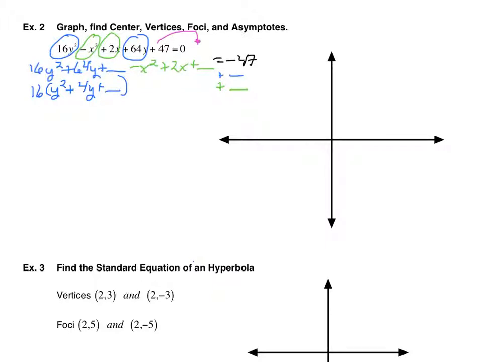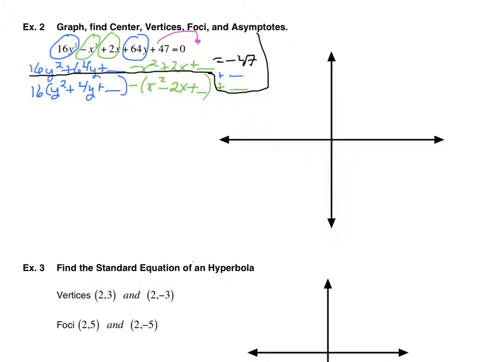And then we're going to factor a negative from this x term. So we've got negative parentheses x squared, which makes this a minus 2x plus blank.